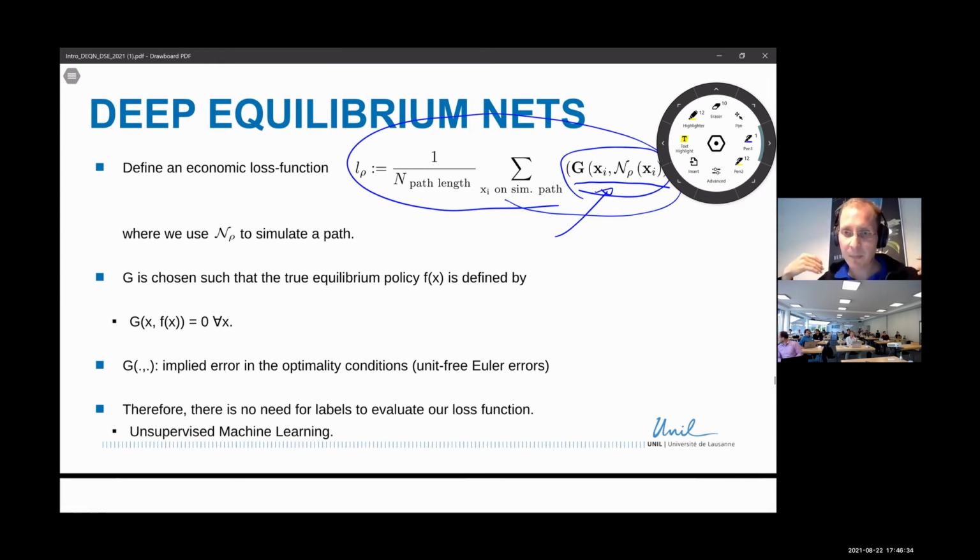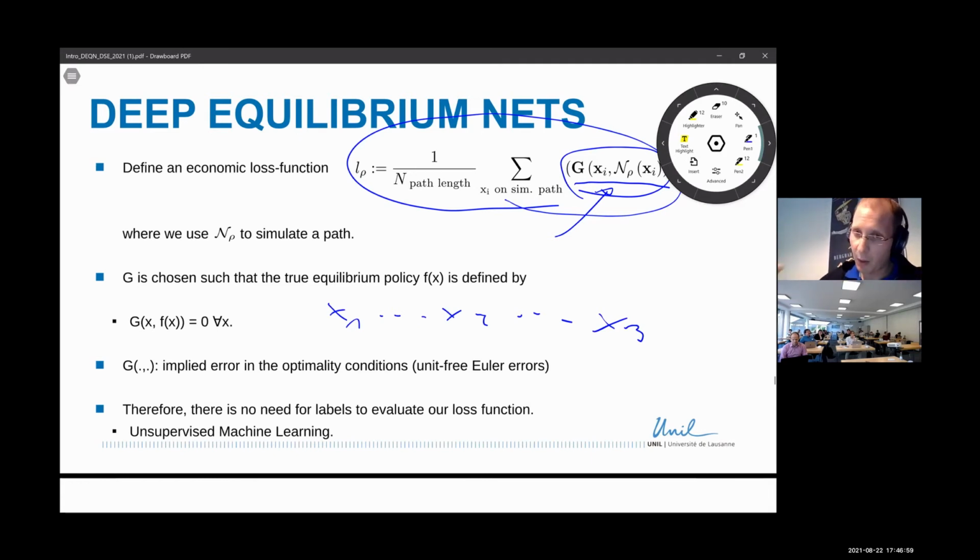By simulation, I can generate x1, x2, x3, and at each of these states, evaluating the policies costs nothing. It's just matrix vector multiplication. So it really goes on the fly.